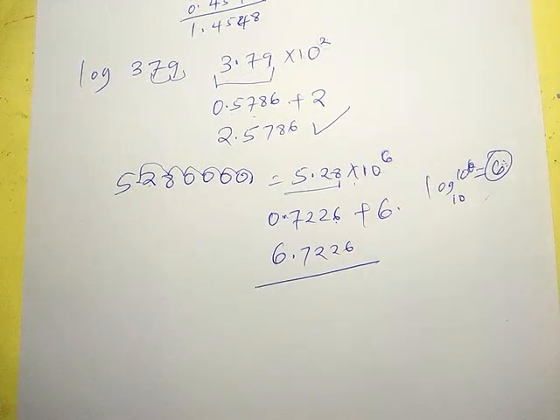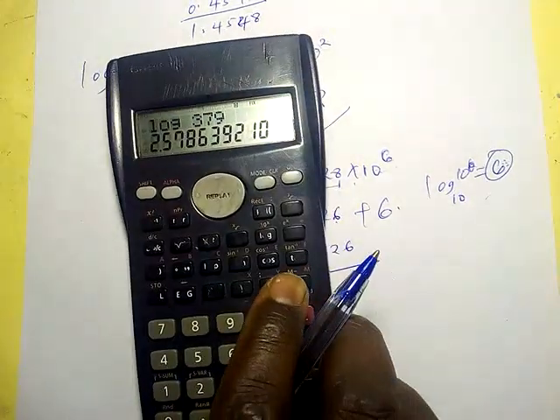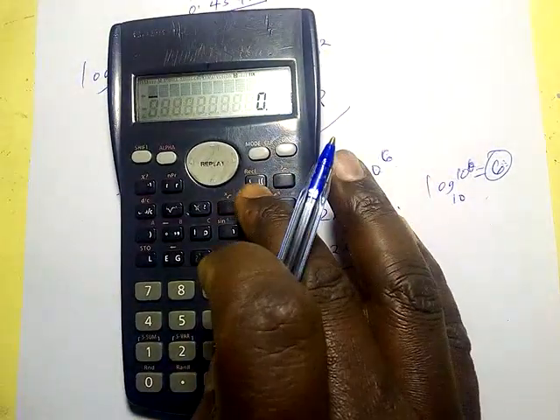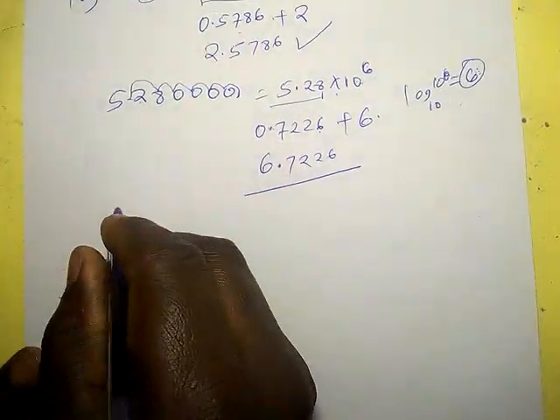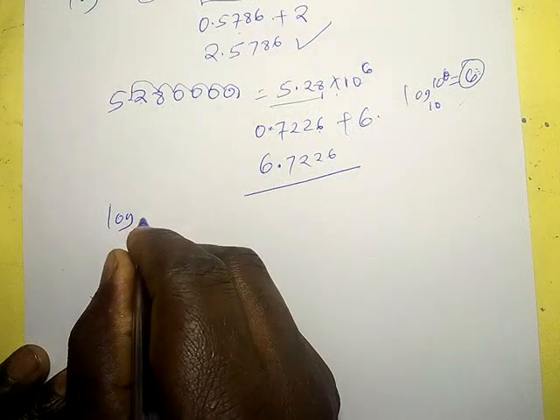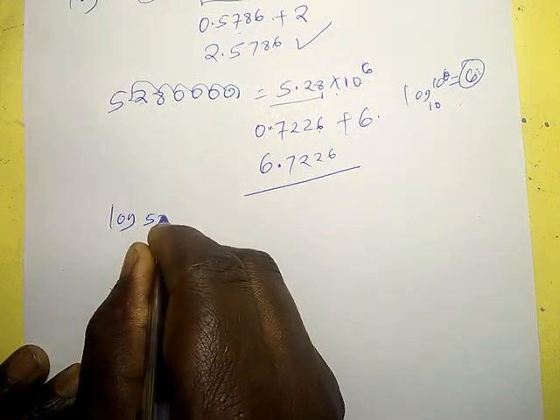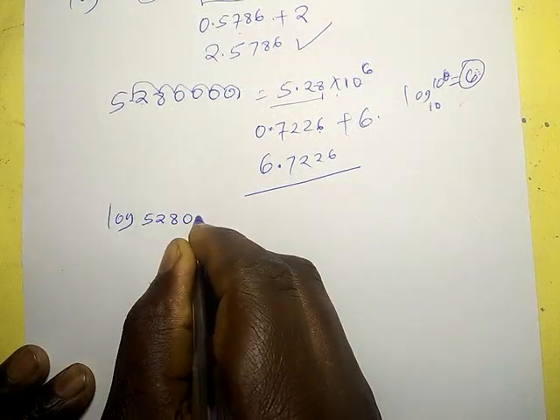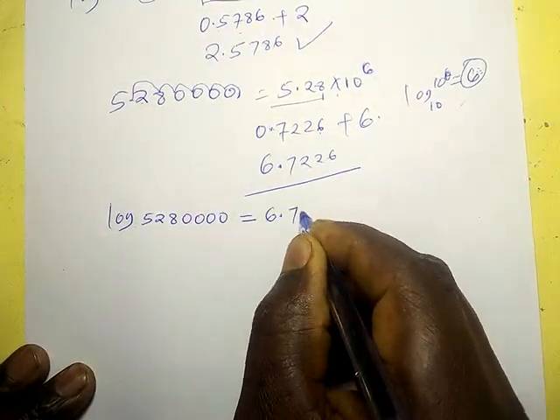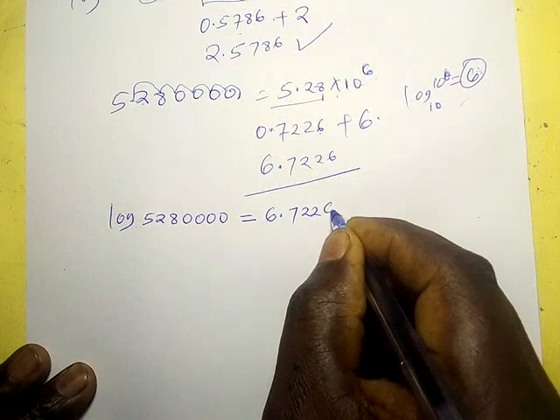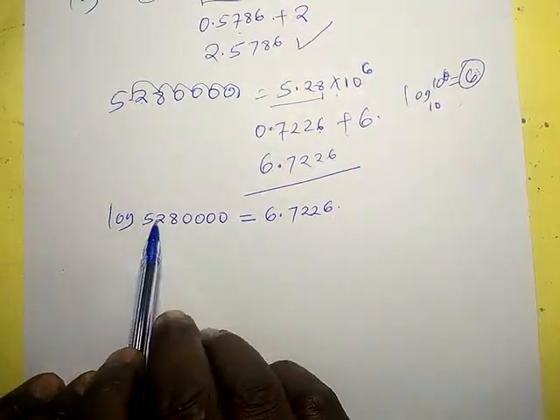So if you take your calculator and place log 5,280,000, the log base 10 of 5,280,000 is equal to 6.7226. So this is the logarithm of this number.